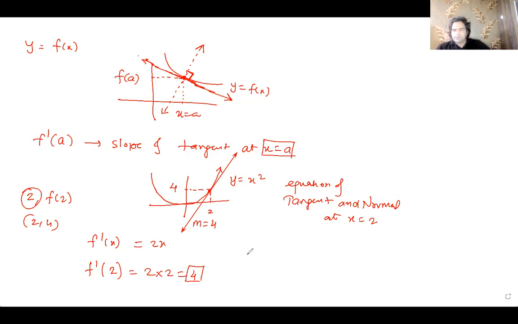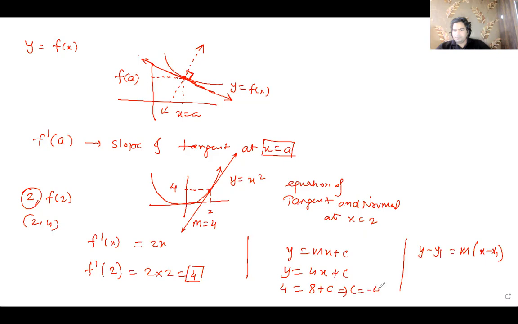And after this point, you can use any equation like y equals mx plus c, or you could use y minus y1 equals m times x minus x1. So for example, if I use this one, m is 4, so y equals 4x plus c. Take x is 2, and when x is 2, y is 4. So 4 equals 8 plus c. That gives us c is negative 4.